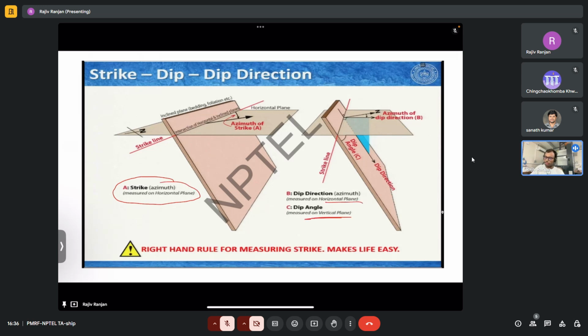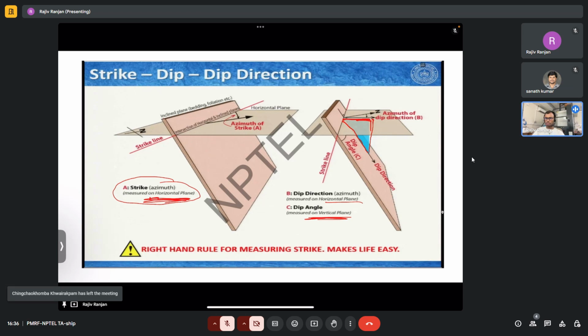If you see these blue lines, the blue shadow, this is measured on a vertical plane. So inclination is measured on a vertical plane and azimuth is measured on a horizontal plane. Remember this. Strike and dip direction are the things that we measure on a horizontal plane, right?